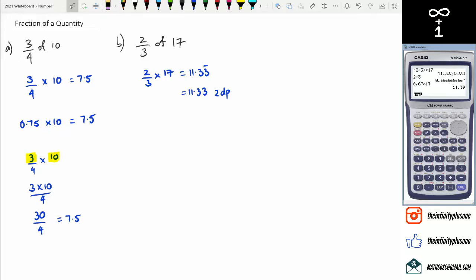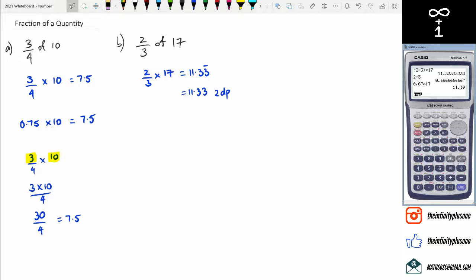But the original answer was actually 11.33. So this is what we call a rounding error, or early rounding, which can lead to rounding error later on. So it's always a good idea to just leave things as a fraction. That always helps you get to the most accurate answer possible.